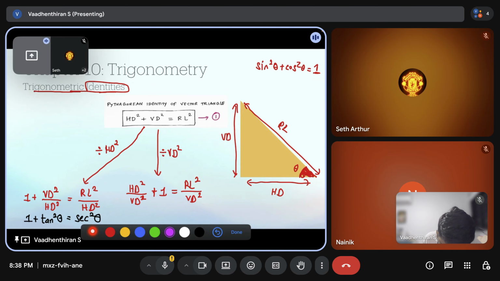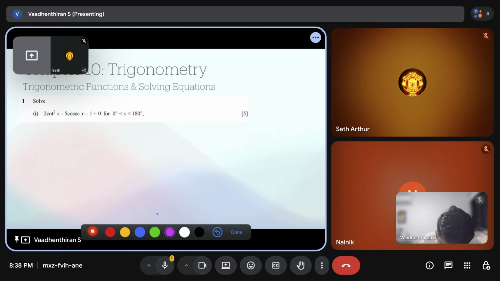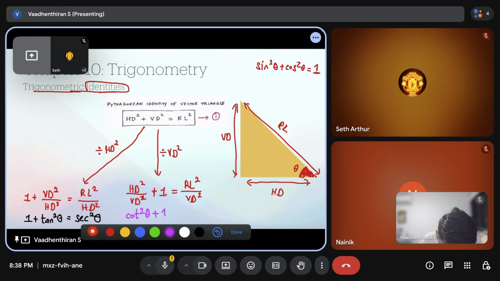HD squared over VD squared is cot squared theta, so cot squared theta plus 1 equals RL squared over VD squared. RL over VD is the reciprocal of sine, which is cosecant. So cosecant squared theta. You got the second identity, and this is the first identity.